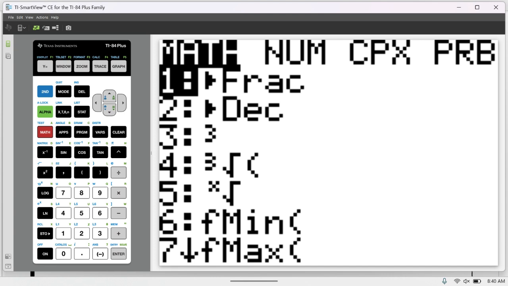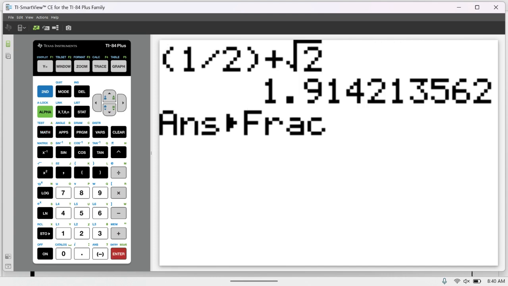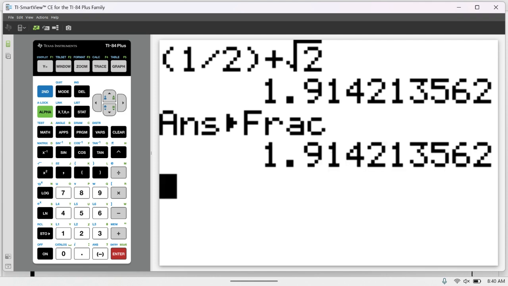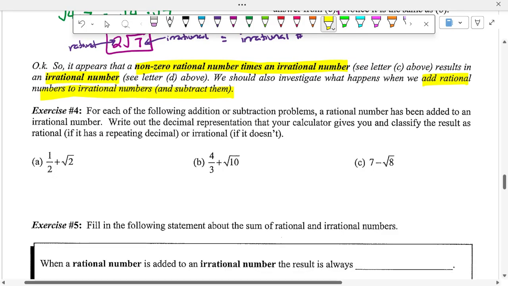That's short for fraction. You hit enter. What this will do is convert that decimal to a fraction if it's able to. So if I hit enter, does it give me a fraction? No. It just repeats it. That means that it's an irrational number because your calculator can't even calculate what it would be as a fraction. So what this would give me is an irrational number.